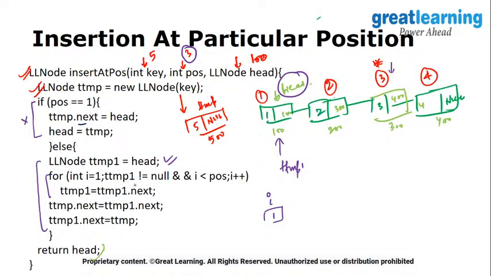Is our ttmp null? No, it is 100, pointing to this node, so this is true. That means we check the next condition. This also has to be true, only then can we execute this for loop. So is I less than position? If we are trying to insert, we need to do position minus 1.